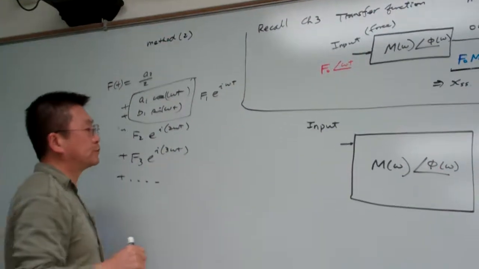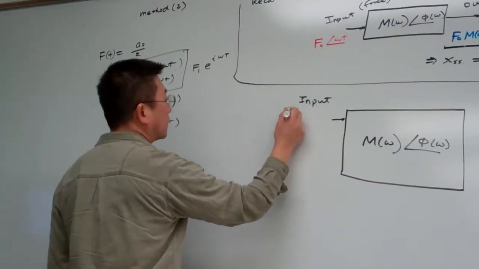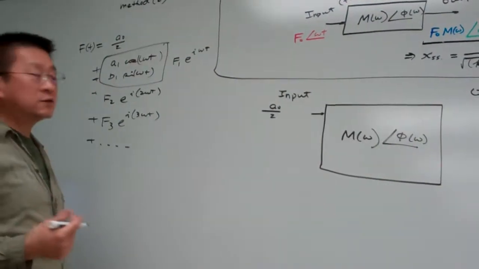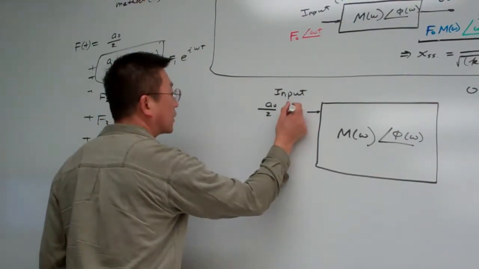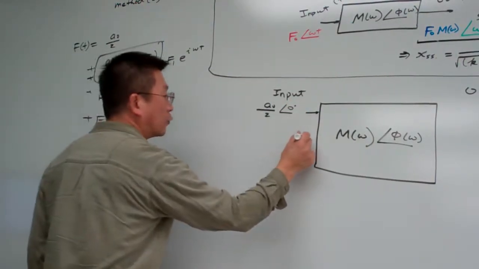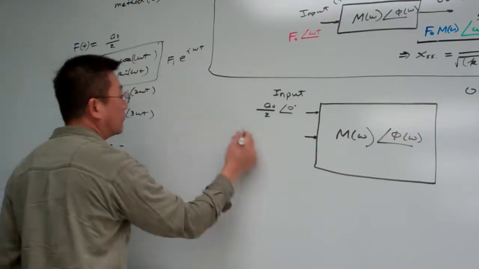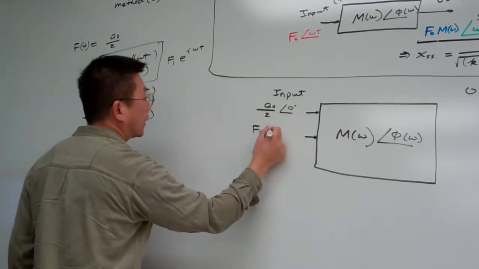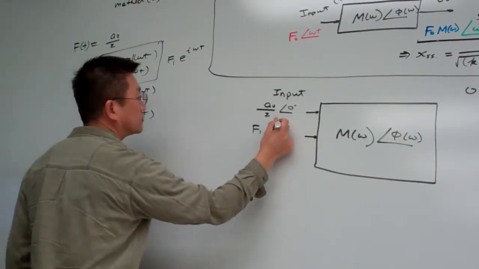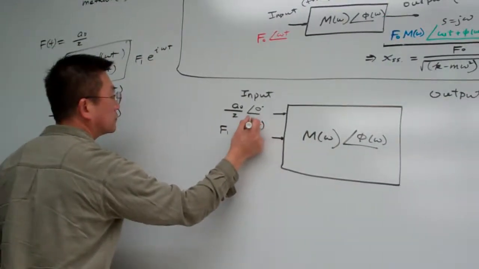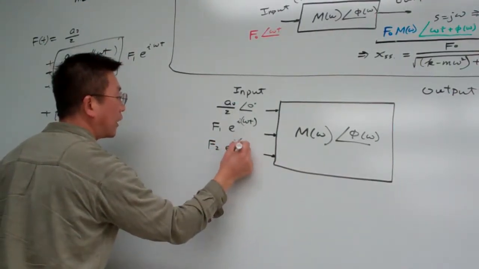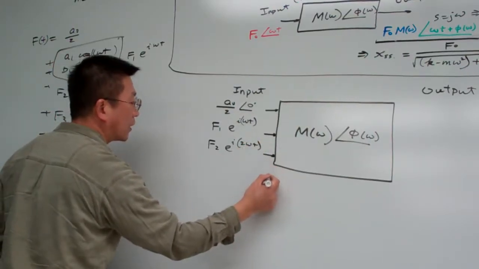Okay. So here we have A0 divided by 2, and its phase angle basically is 0 degrees. That's the phase angle, and we also have the F1 e^(i omega t), and we have F2 e^(i 2 omega t), and continue.